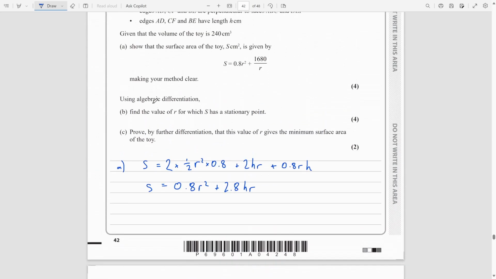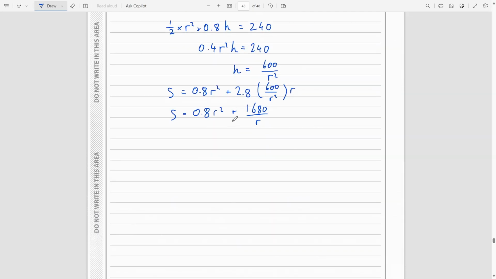Okay, using algebraic differentiation, find the value of r for which S has a stationary point. So I just need to differentiate here and set it equal to 0. So S dash, or dS by dr, if I differentiate this, I get 1.6r. Now what is this next one?